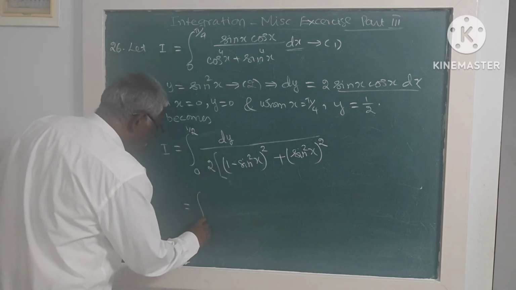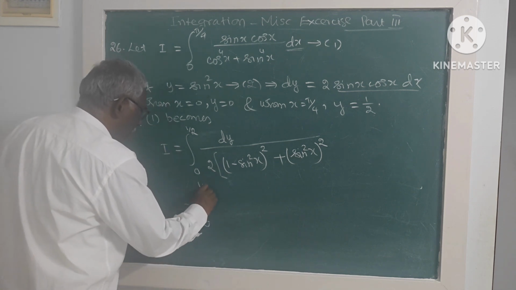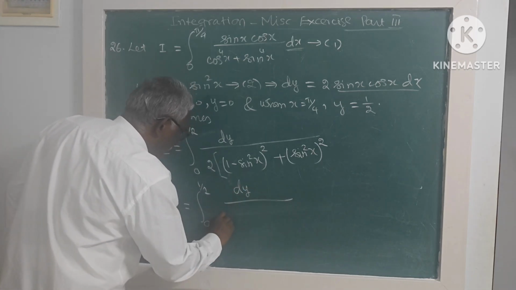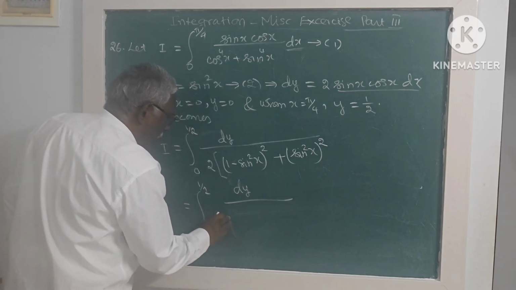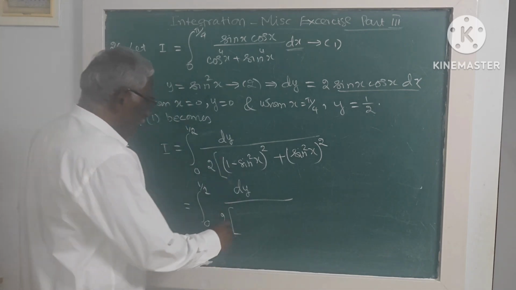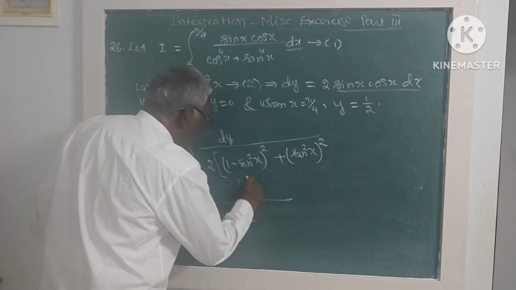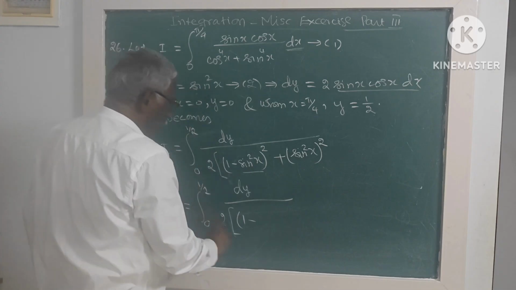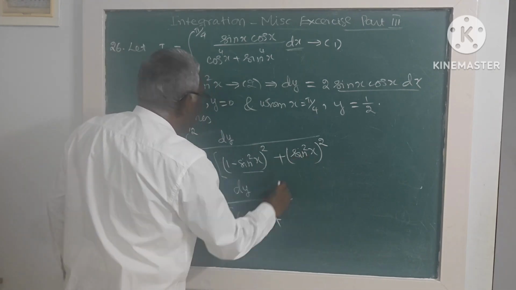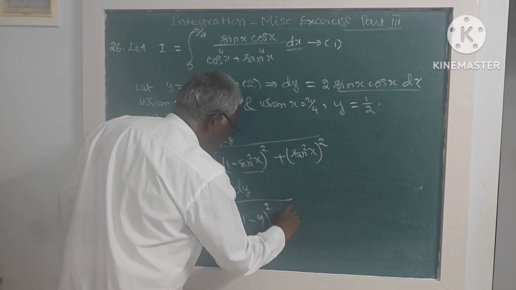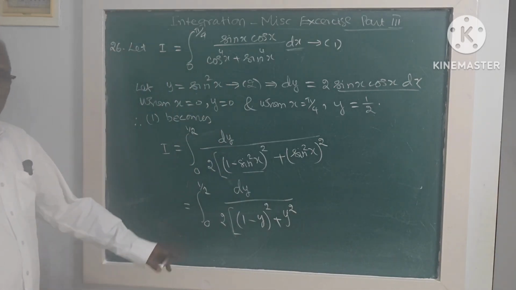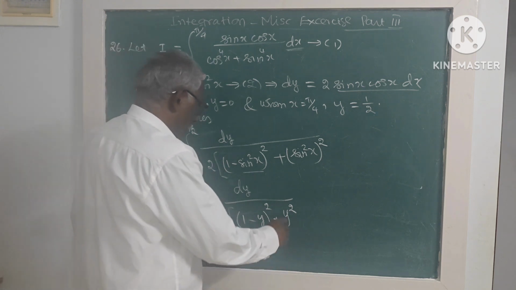Now this is equal to integral 0 to half dy by 2 times 1 minus y whole square plus y square, since sin square x is y. This we have to simplify further.